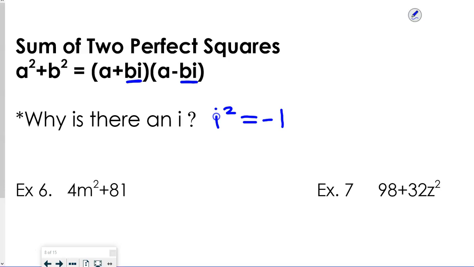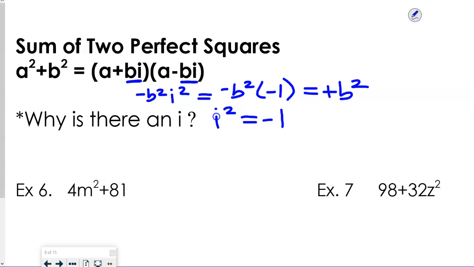We're going to end up with a squared, and a minus b squared times, so again, watch, we would end up with minus b squared i squared, right? Which would be what? Minus b squared times the -1, which would be plus b squared. So that's why this works here, okay?